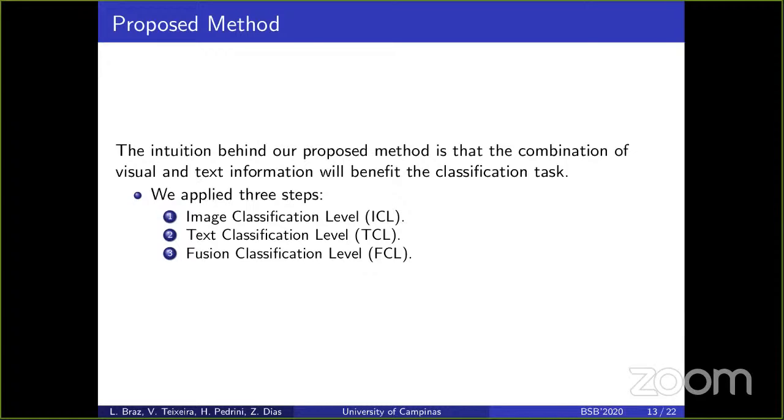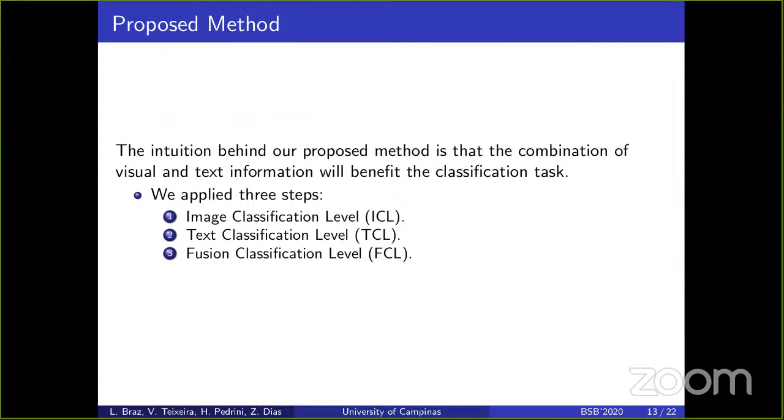On the text classification level, we proposed a natural language processing, NLP, approach to extract structured labels from artificially generated image captions. We fine-tuned the BERT model to perform text classification. We tokenized each image caption text, and the maximum number of tokens in the input sequence was limited to 64.